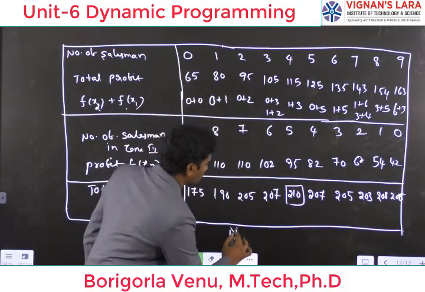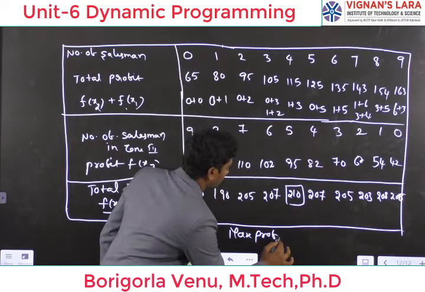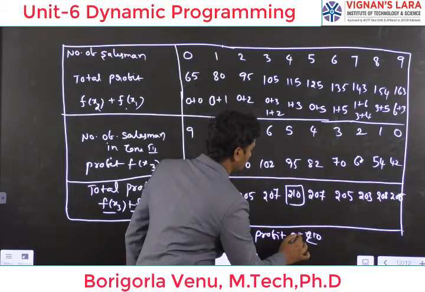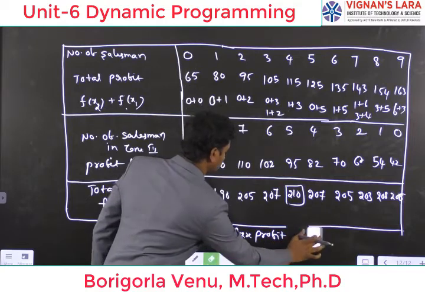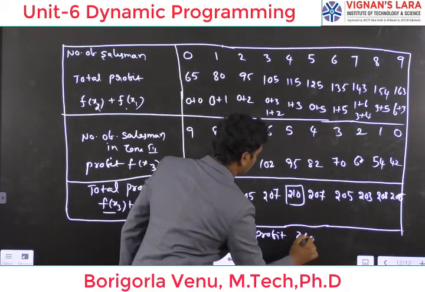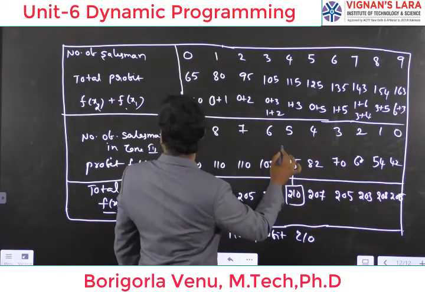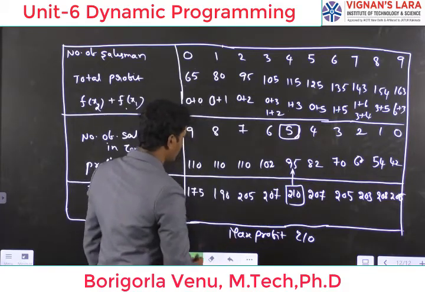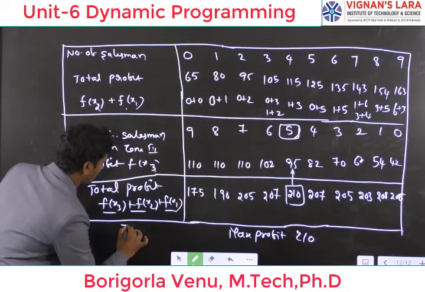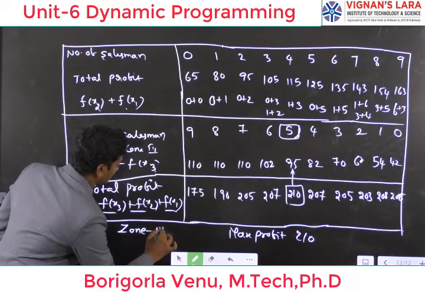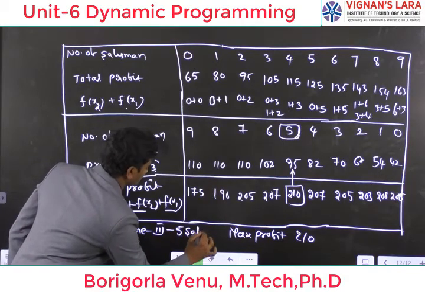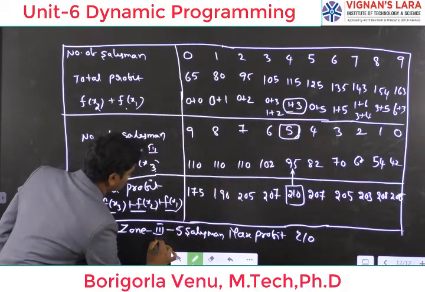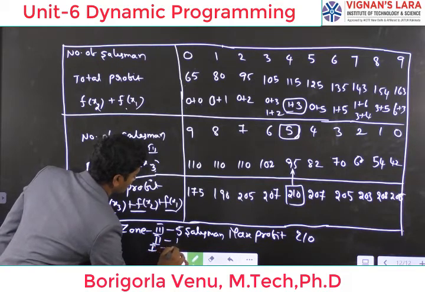We obtained the 210 at salesman 5 in zone 3, and then 1 plus 3: zone 2 salesman 1 and zone 1 salesman 3.